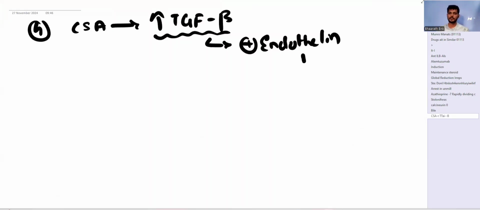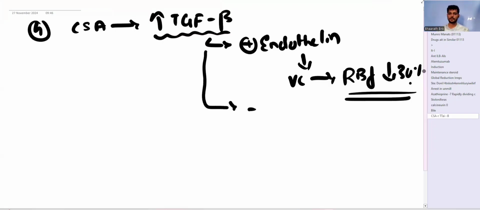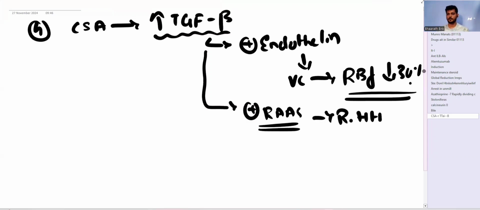Now this endothelin is a powerful vasoconstrictor. It causes vasoconstriction of the renal blood vessels and it reduces the renal blood flow by about 30%. So it causes 30% reduction in the renal blood flow. This also acts to stimulate the renin-angiotensin-aldosterone system and contributes to renal hypertension.